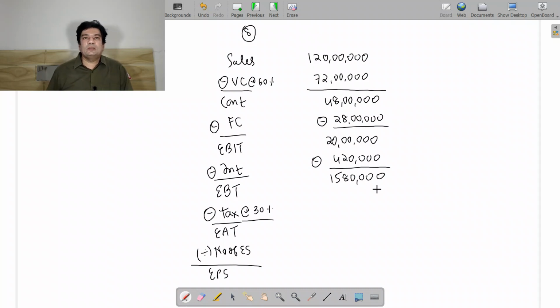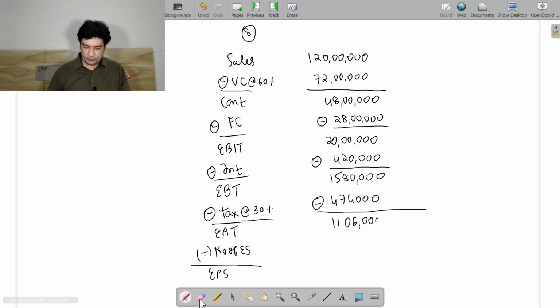Now on this 15 lakh 80,000 I have to pay tax at the rate of 30%, which is 4 lakh 74,000 is the tax. So on 15 lakh 80 I will pay a tax of 30%, and then I'm going to get 11 lakh 6,000 as my EAT. So 11 lakh 6,000 is my earnings after tax.